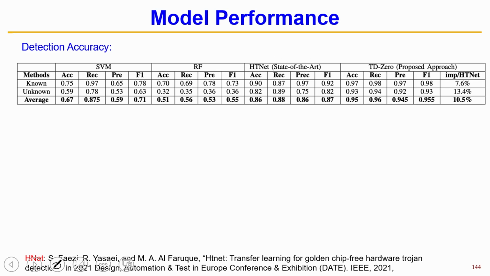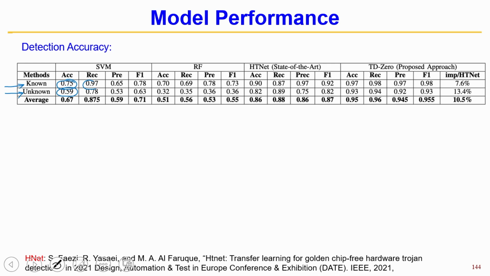Is there scope for improvement? Absolutely, but remember, the important part is known versus unknown. If you look at the SVM, known is 75% accuracy, but unknown is 59%. That is pretty much like a random guess.